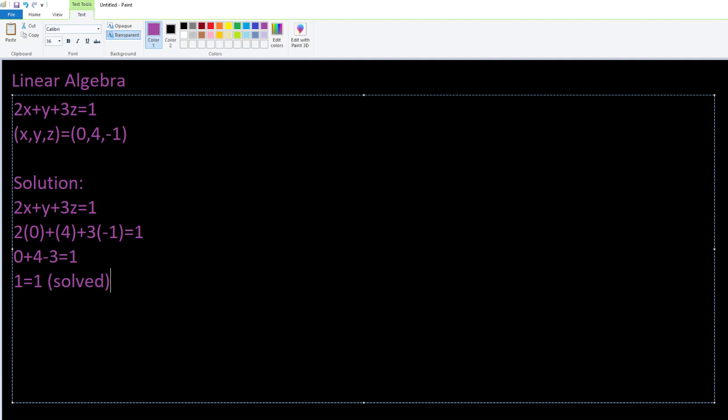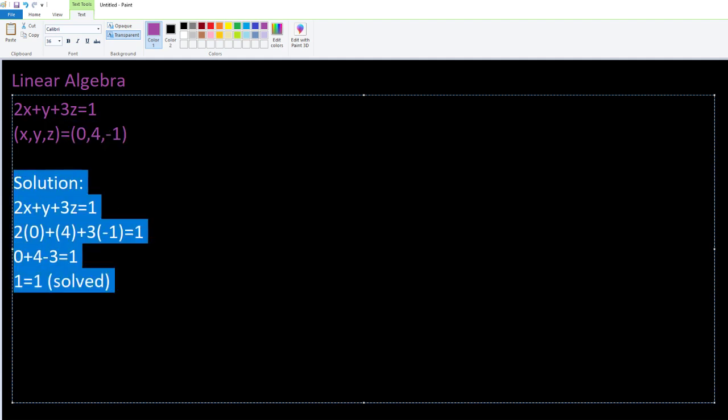So sometimes when you have a system like this, you can have a system that has no solution. You can have these variables here, but there's no such x, y, and z that could possibly solve your equation. So wait, let's go back actually.